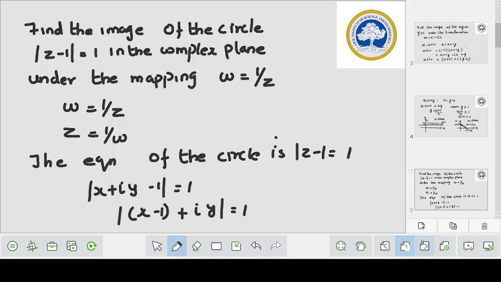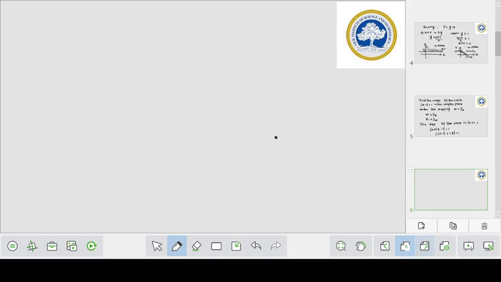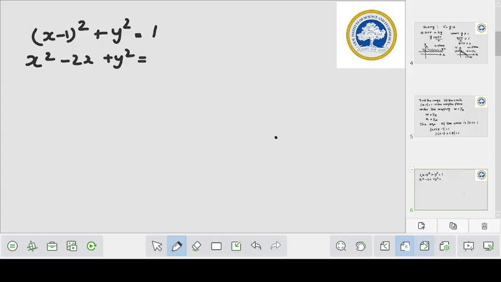So this is a circle: x minus 1 the whole squared plus y squared equal to 1. When you expand it, it is x squared minus 2x plus y squared equal to 0. I can cancel 1 on both sides, so it becomes 0.